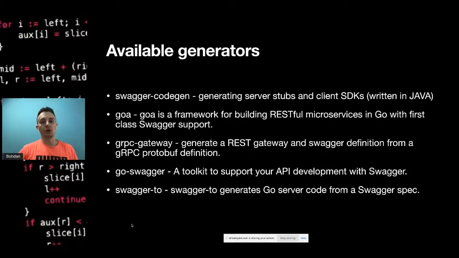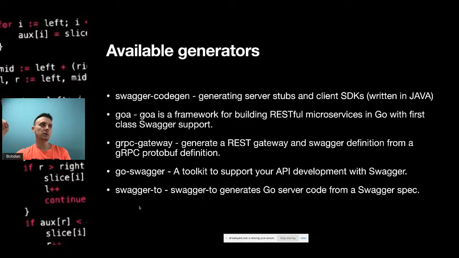We are looking for generators. First, what we thought about is the native one that Swagger provides, Swagger Codegen. It's basically a generator for server stubs or clients, as the case may be. It's written in Java.